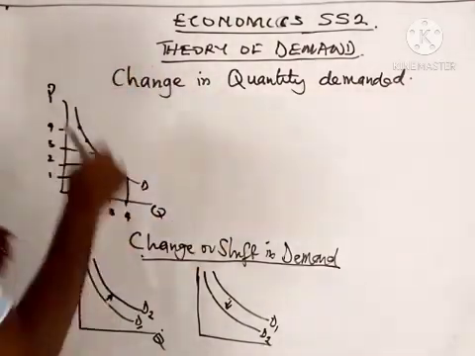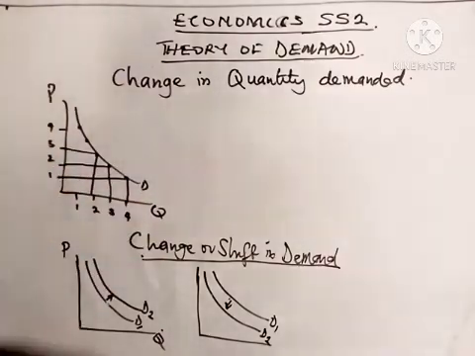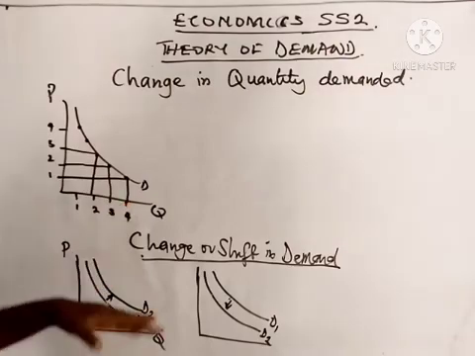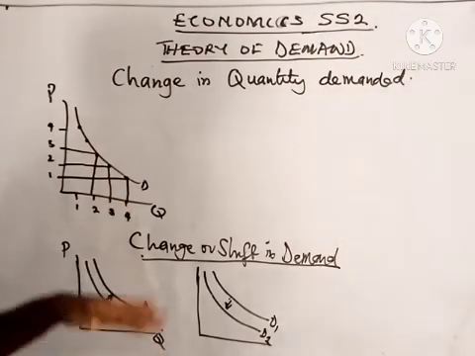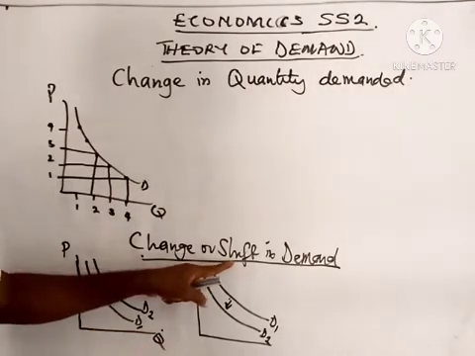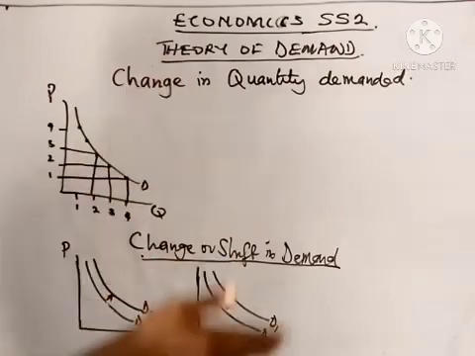But being on the same demand curve, you are at a point in time, and the point you are at can either increase or decrease. But when it comes to change in demand, in order to differentiate, that is why we put the shift, so that you know that the demand curve will shift, move from one point.